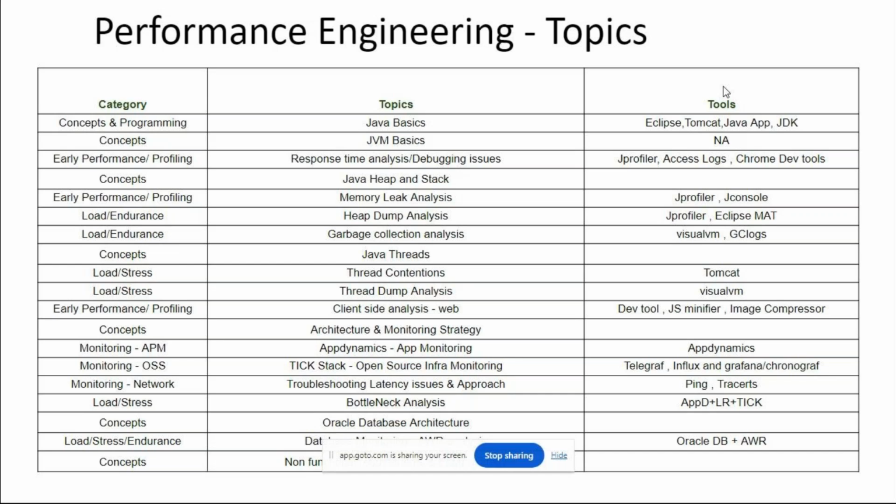So last week I was giving you the overview on various topics which we are going to learn in these performance engineering sessions, right? So last week I covered all these topics and I also explained a couple of things from a Java basics perspective. We tried to learn what is the skeleton of any Java program, what is a method, what is an object, what is a class.